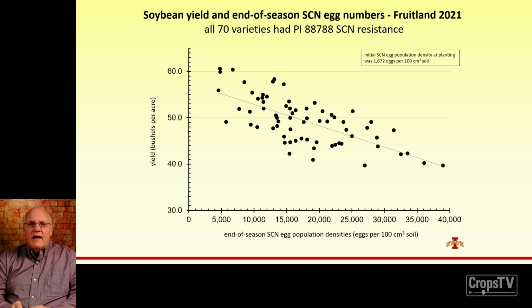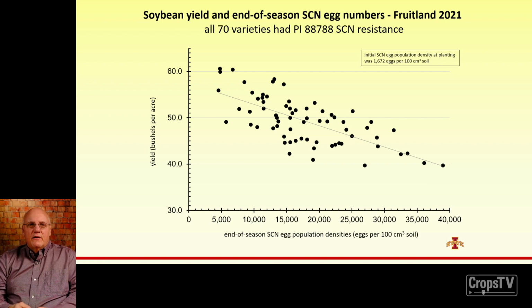And we started out with a relatively low egg count, below 2,000 in that field, and by the end of the season, the varieties that allowed a large amount of reproduction, as evidenced by the dots on the right side of this graph, end of season egg counts of 35 or 39,000 eggs per half a cup of soil, also were the lowest yielding, around 40 bushels per acre.